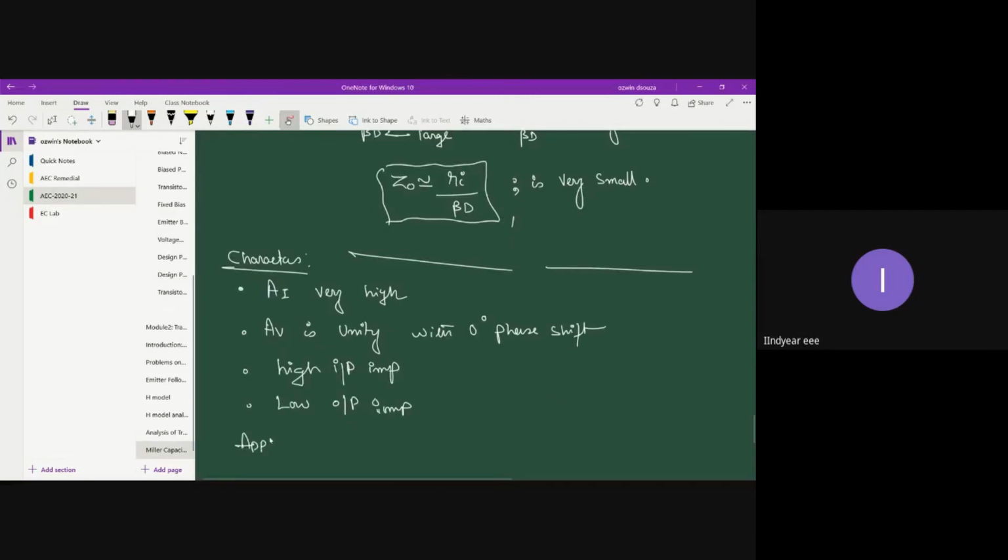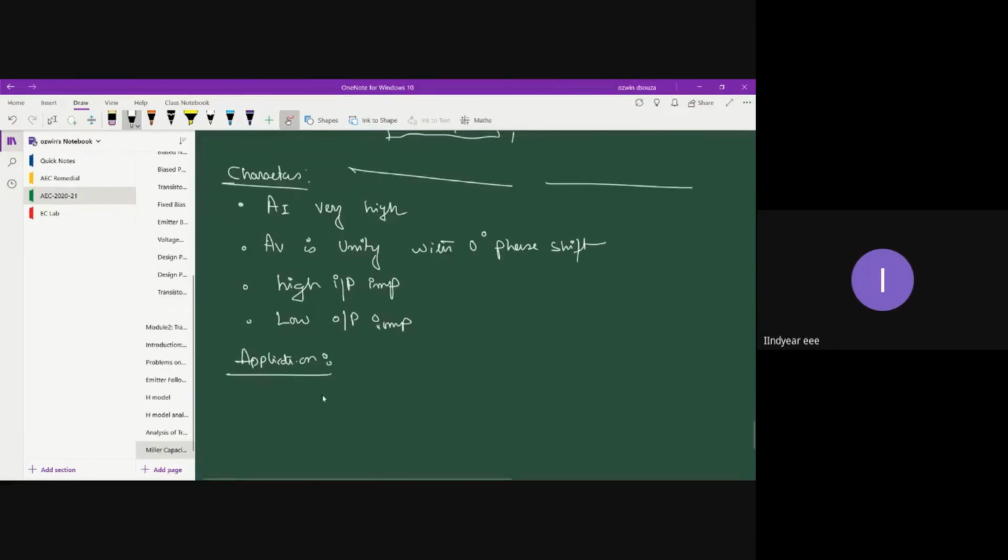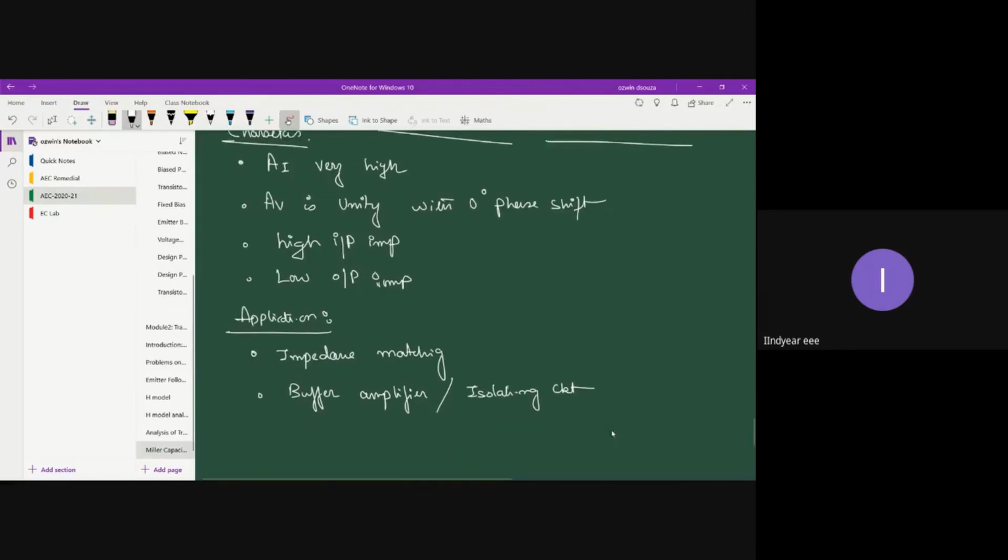The applications are something like impedance matching, just like your emitter follower. That's the first application. The second application, it can be used as a buffer amplifier. A buffer amplifier is nothing but an isolating circuit, just like your transformer.